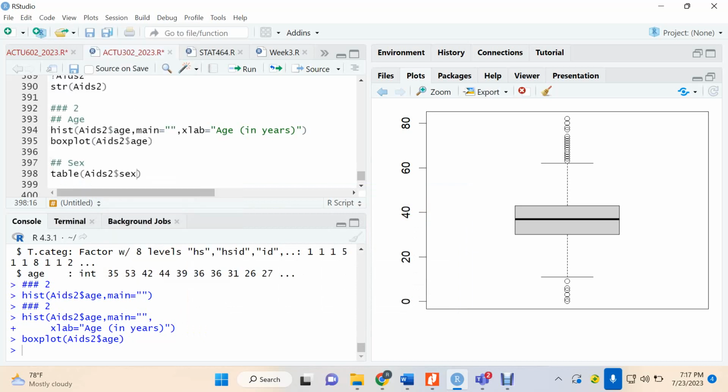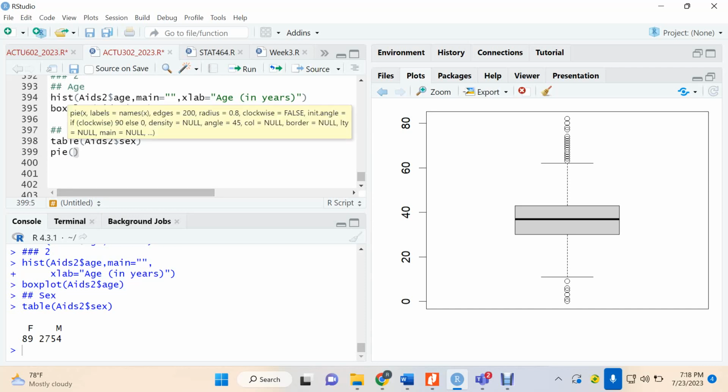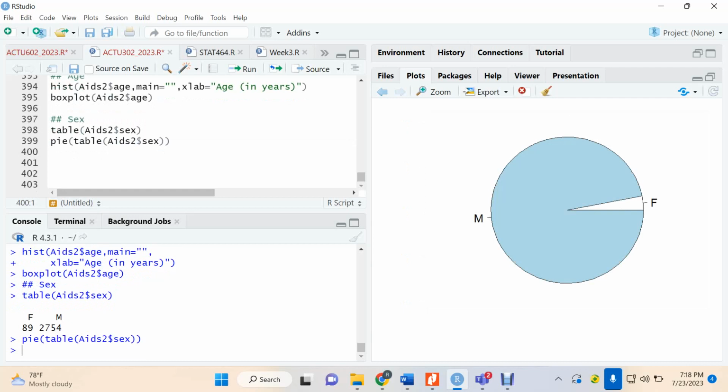If we do this, it's going to give us the number of females, 89, males, 2007 something. So we can do a pie chart and put this table in there, and then we run it. So that gives us male and female.